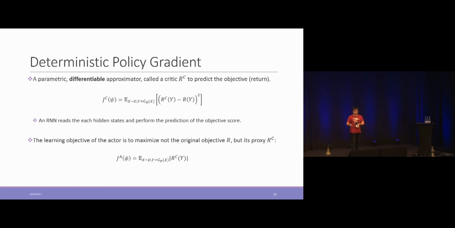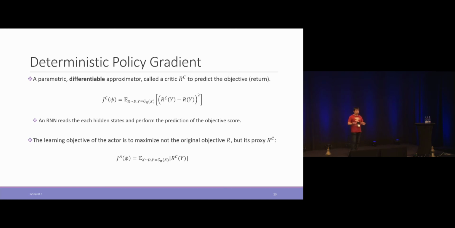To train this critic, we simply minimize the difference between the outputs of the critic and our real return. In our implementation, the critic can be a recurrent network over each hidden state of the model and perform the prediction at the last hidden state.